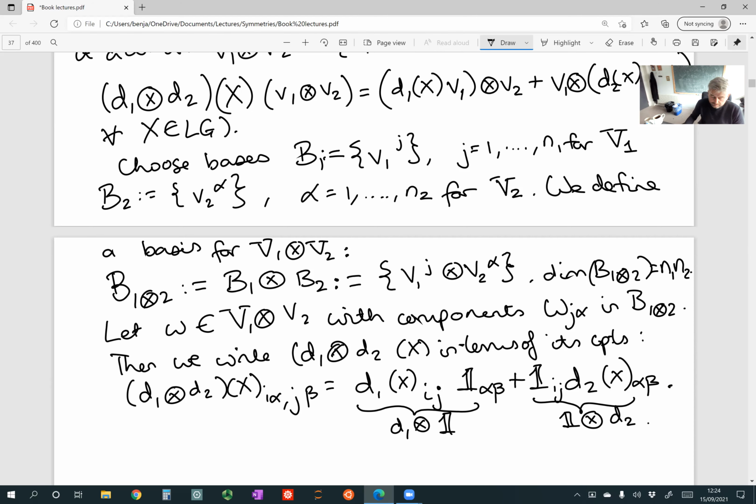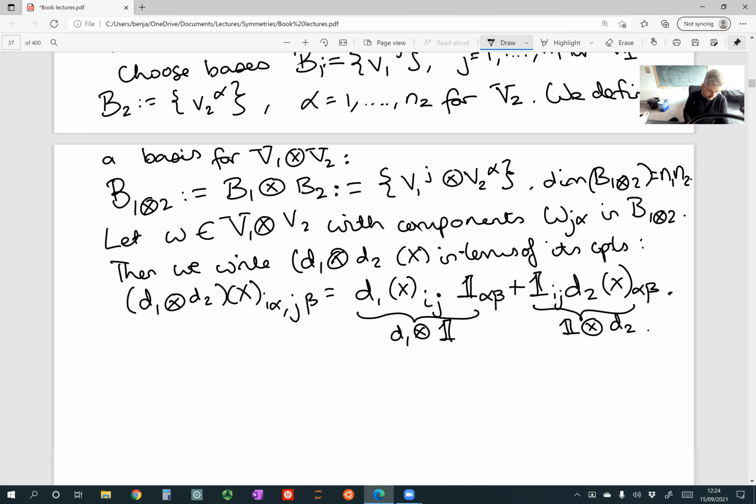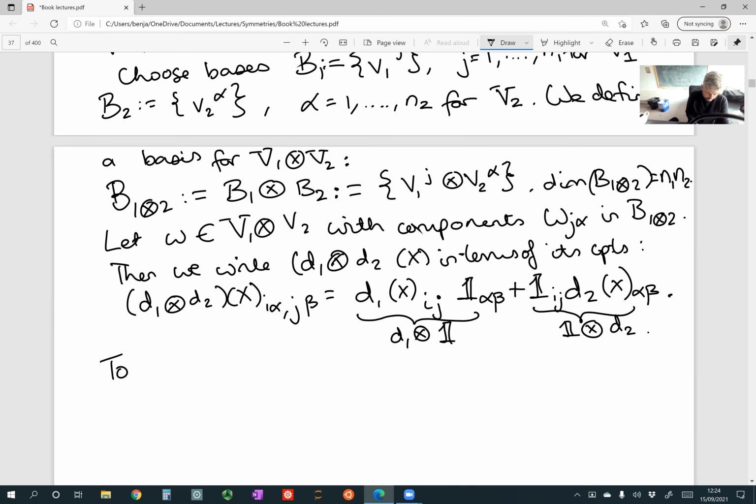So we claim that this is a valid representation of the Lie algebra, but it has properties to satisfy to make sure it is. An exercise in the book will take you through that.